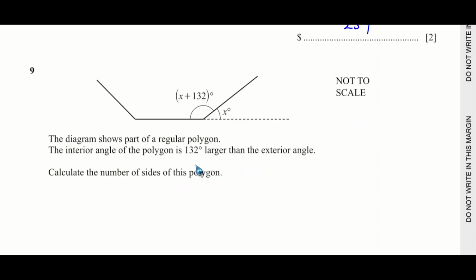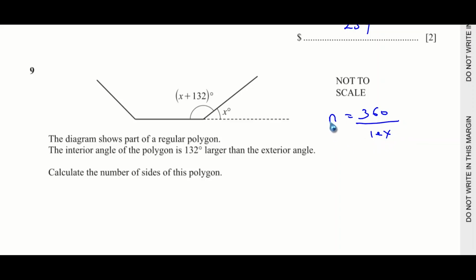Since this is a regular polygon, you can use this formula. The value of n will be equal to the total sum of the exterior angles, which is 360 degrees for any regular polygon, for all polygons rather, and you can divide this by one exterior angle.